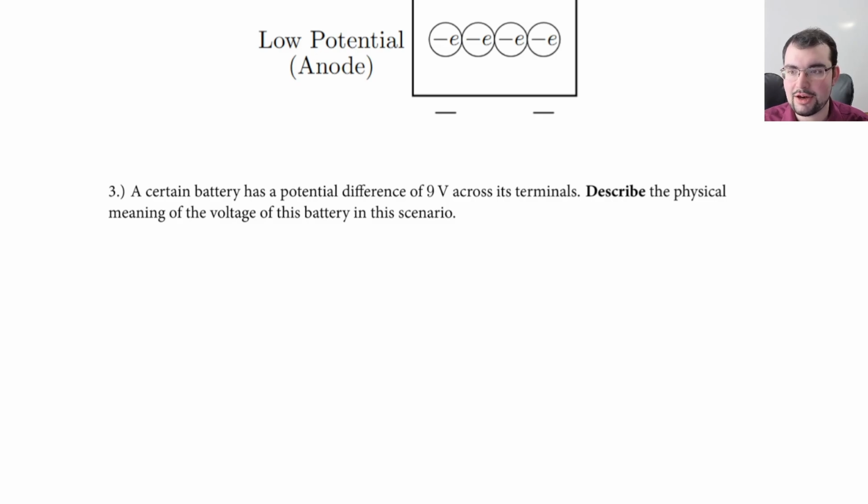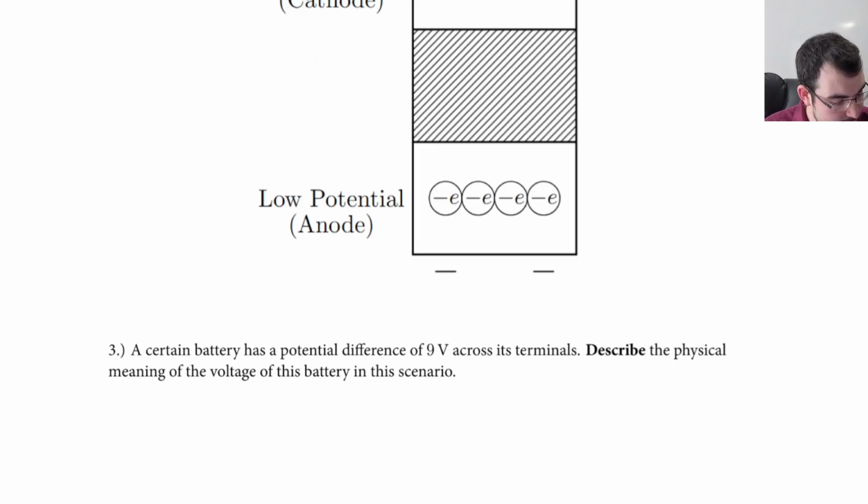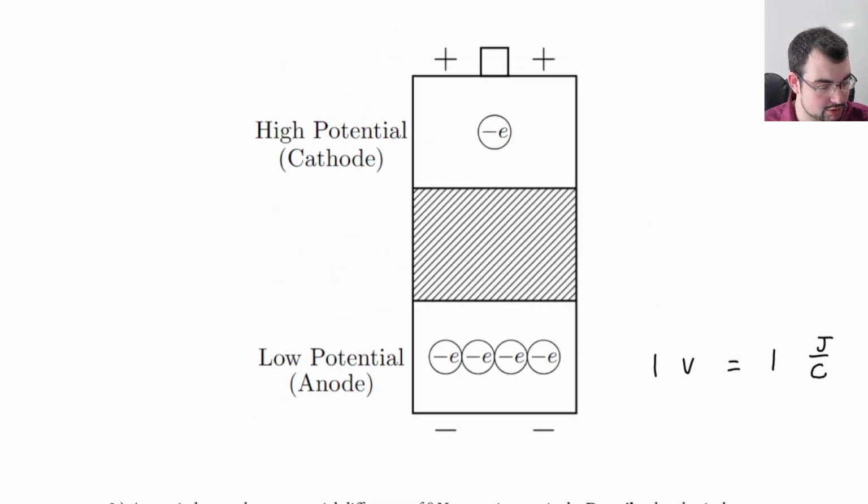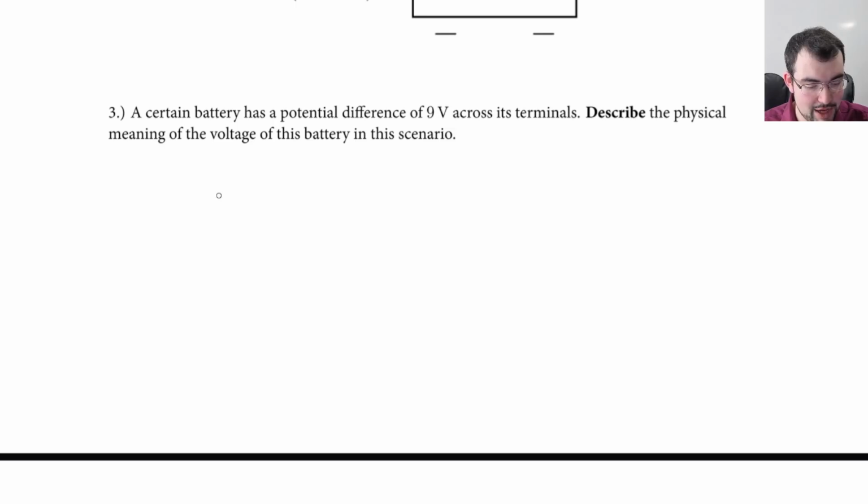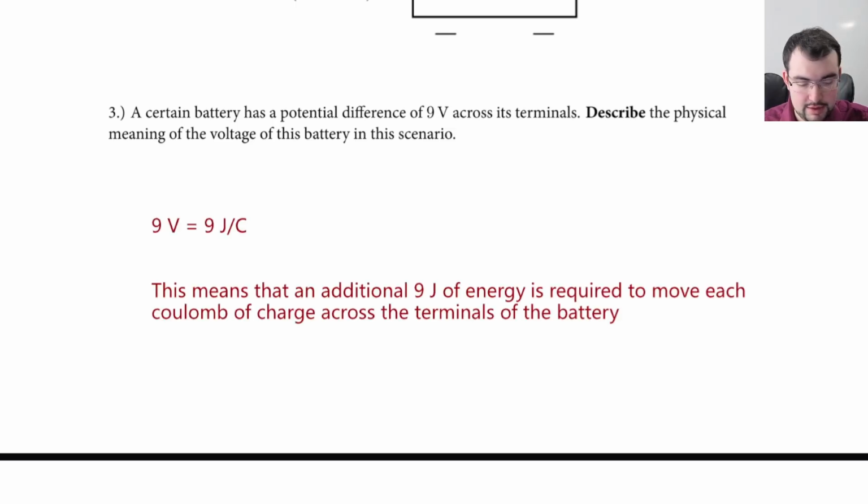Well, this is how much energy it would cost to separate each coulomb of charge across the battery terminals, because 1 volt is equal to 1 joule per coulomb, and joules are an energy unit. So it costs me 1 joule to separate each coulomb of charge between the terminals. If we have a 9-volt battery, for every extra coulomb I want to separate, that costs me 9 joules.